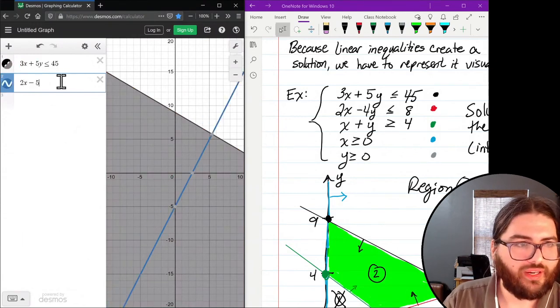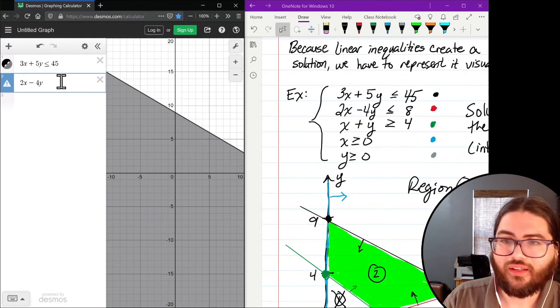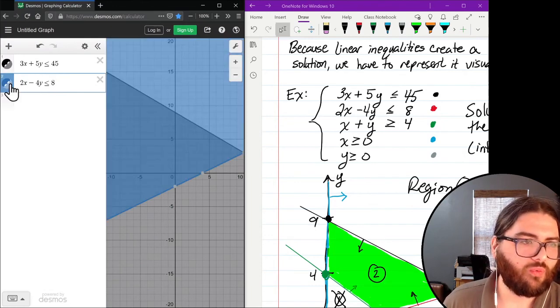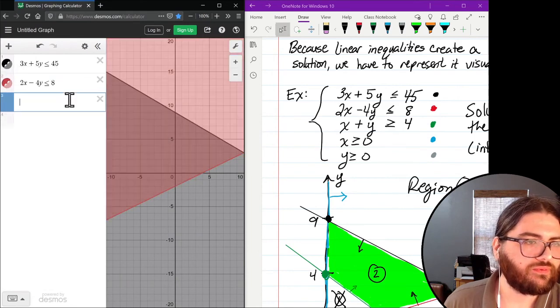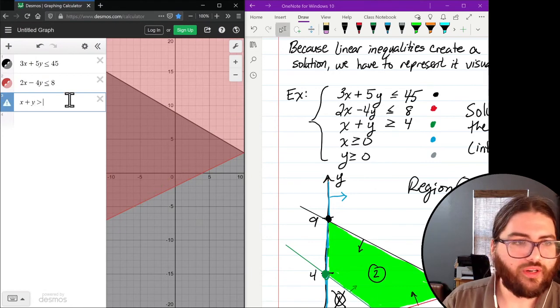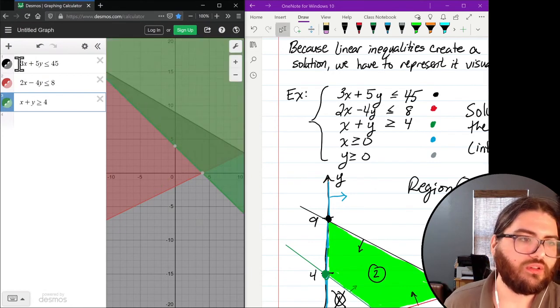2x minus 4y less than or equal to 8. That was my red inequality in OneNote. x plus y greater than or equal to 4.